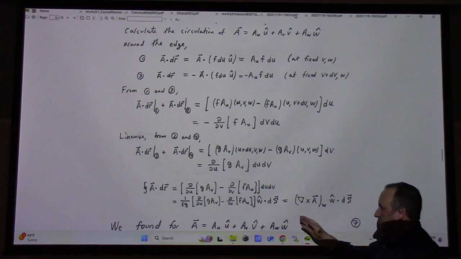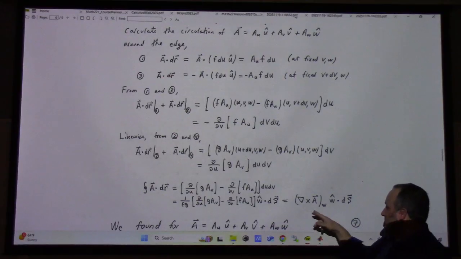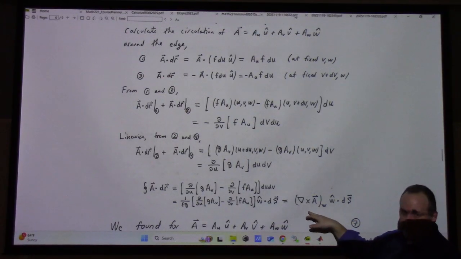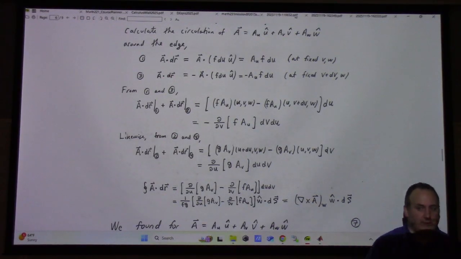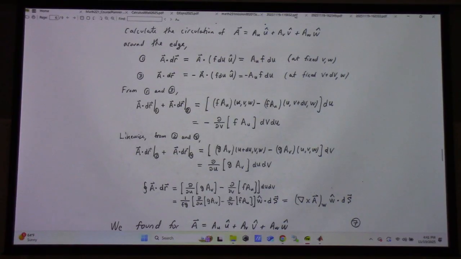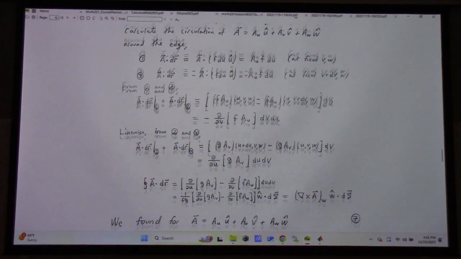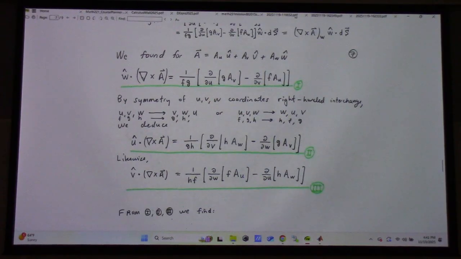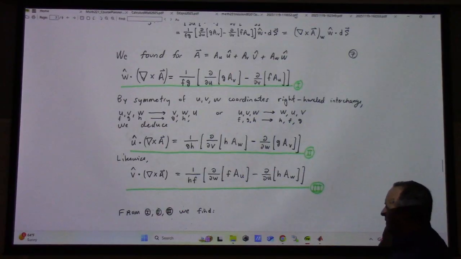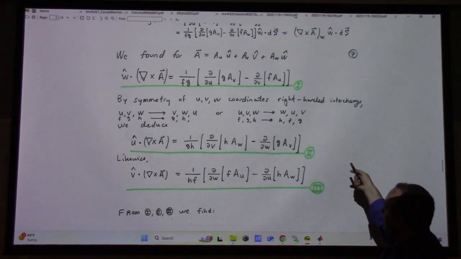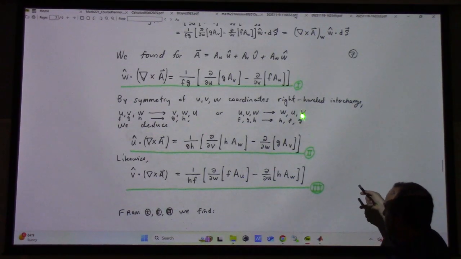Anyway, after the dust settles, you got the w component of the curl from that little argument. And then if you can do it for uvw, you can just as well permute the order of the coordinates and do vwu or wuv, just by the symmetry of the uvw here, I can get this and that.